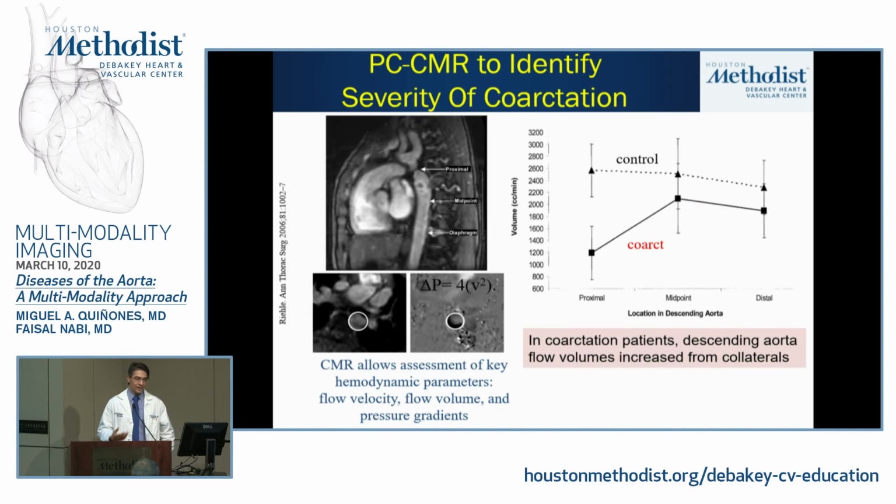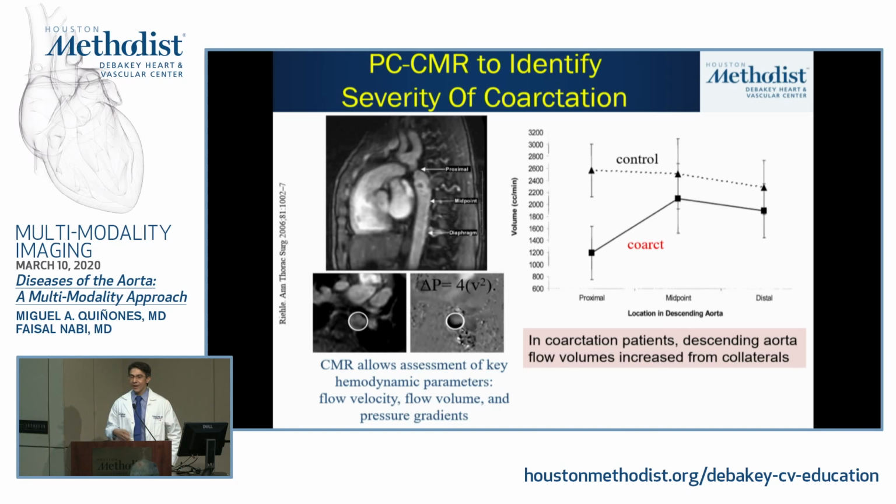One of the things I wanted to bring up is that phase contrast CMR can be helpful in determining severity of a coarct. As you know, we can't tell pressure with CMR, but what we can do is tell flow. If you measure the flow prior to the coarct region and the flow distal to the coarct region, any step up in flow is a sign of a significant coarct.